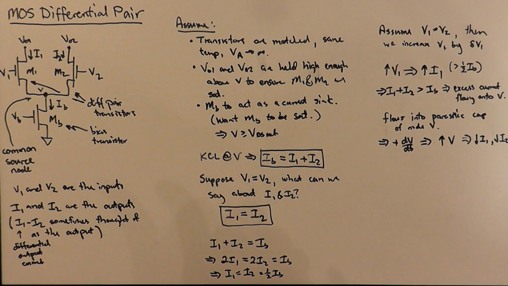The gate has a kappa in front of it. The bulk has a 1 minus kappa in front of it. And the source has a 1 in front of it. And so the source is the most effective terminal at changing the saturation current. So it's going to turn down the current in both M1 and M2.